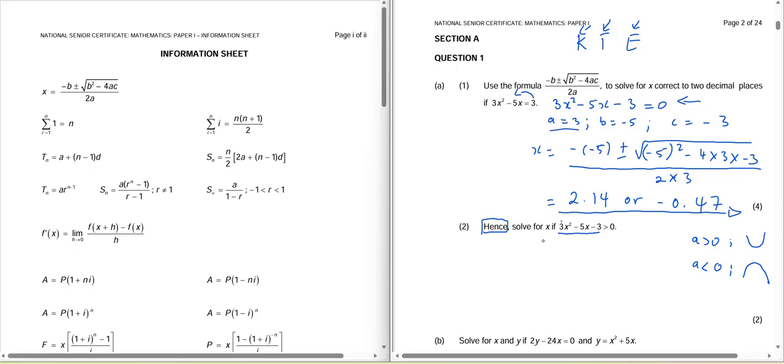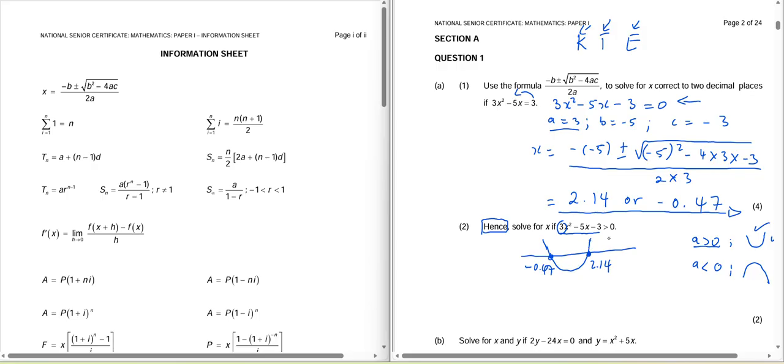Meaning it passes this test. Now the structure of the graph is going to be like this, and then we solve for these points, like for the critical points. And the critical points, we have already solved them. We got minus 0.47, and we got 2.14.